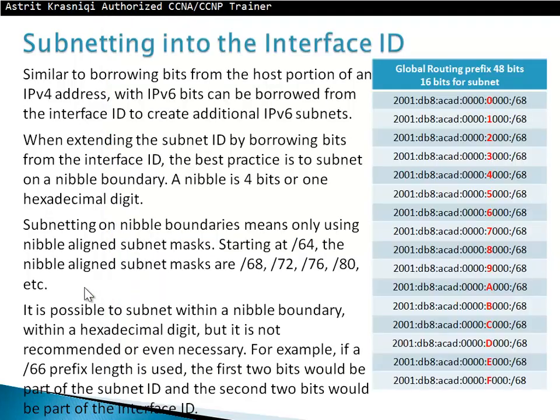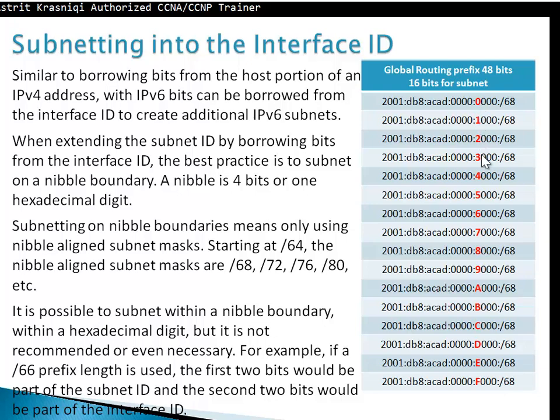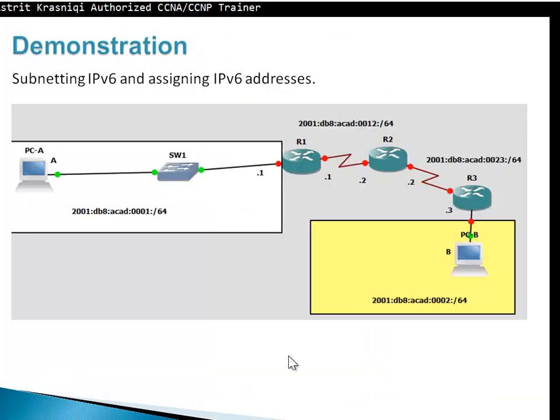Here, for example, we have borrowed 1 hexadecimal digit, or 4 bits, in the network ID, so we can start changing that. I will show you a demonstration of subnetting IPv6 and assigning IPv6 addresses.